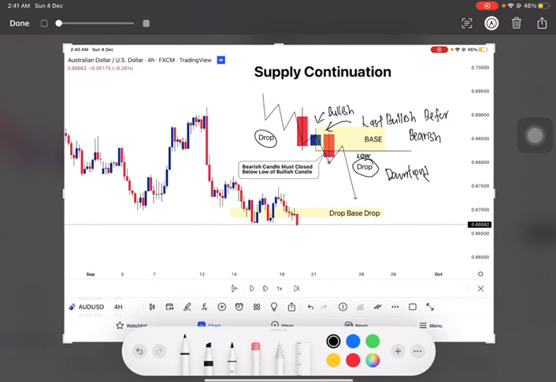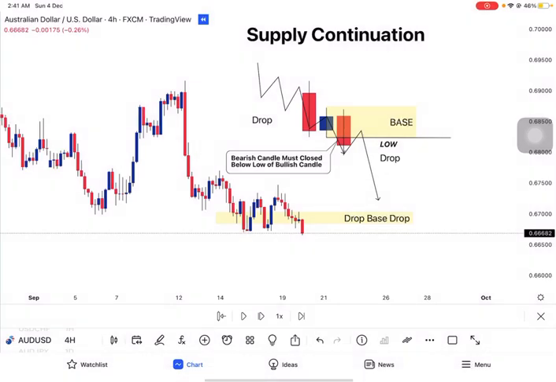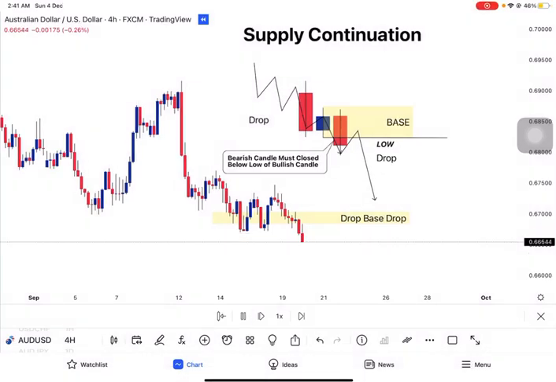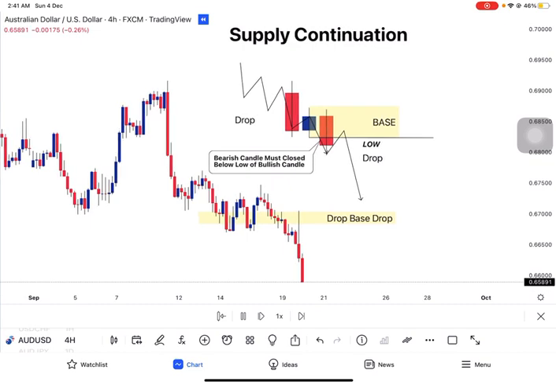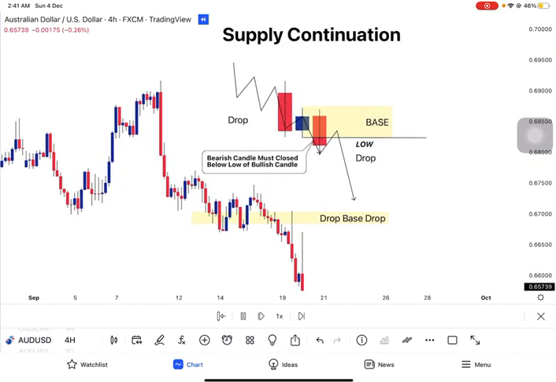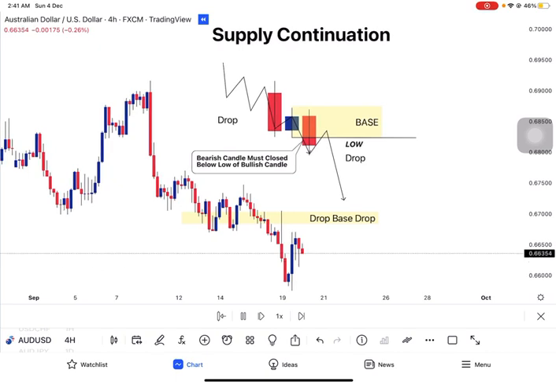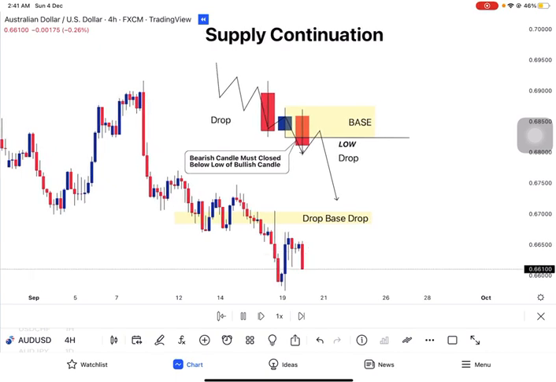Here is a downtrend. This one is the bullish candle, and this one is another downtrend. So we can mark the bullish candle as our drop, base, drop, and wait for the pullback. Early entry, this is how it works for supply continuation and also drop, base, drop.